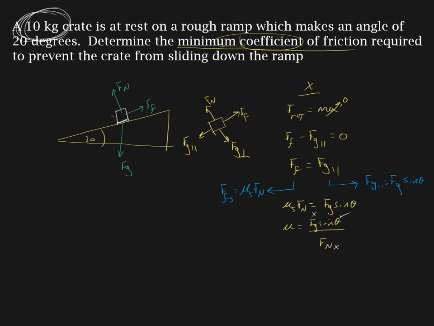So what I have to do now is find these values. Put this equation in terms of the information which has been given. So to do that, we'll first look at gravity, because that's a pretty easy one. And we know that the force of gravity is defined by m times g, or mass times the gravitational field. But now the normal force, this one's going to be a bit trickier.